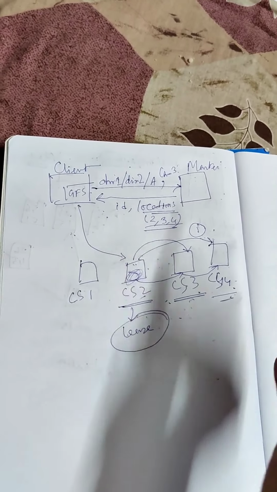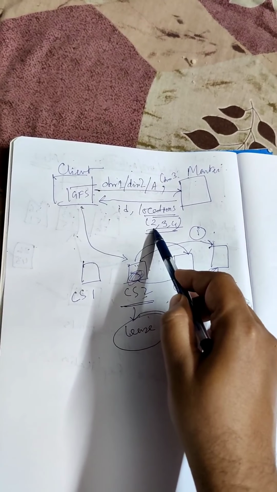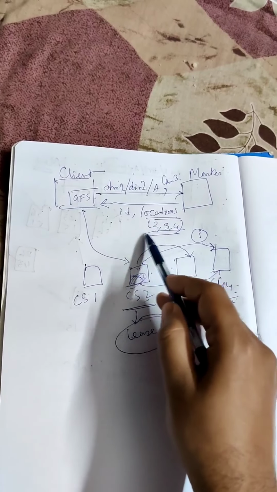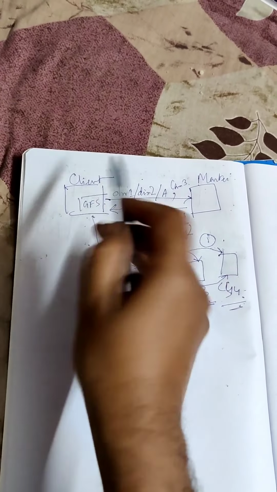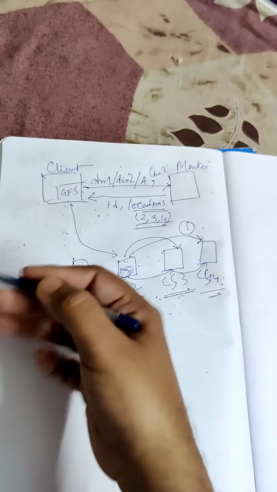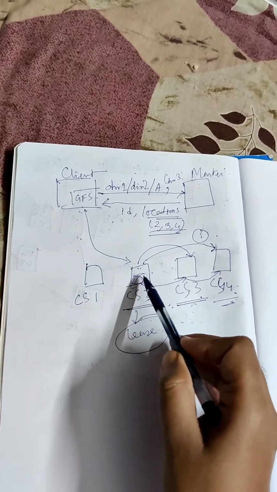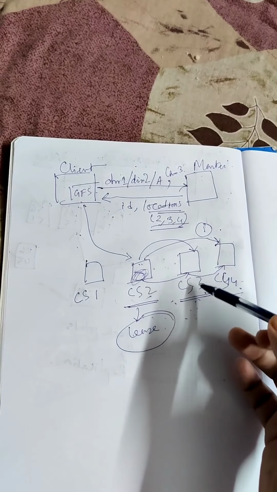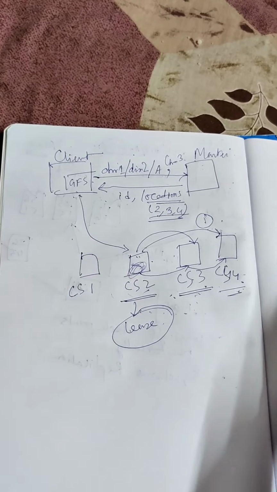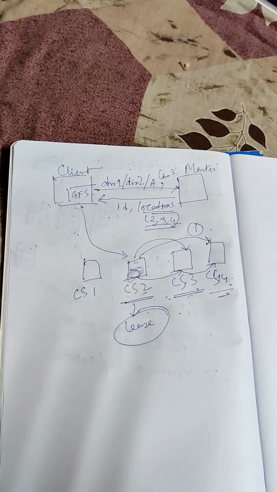Then the master will give the whole information that chunk servers 2, 3 and 4 hold it, and that chunk server 3 is on lease, so that the GFS software has this knowledge and can take an effective decision, whether to go with the already leased machine or do something else. So this is the whole architecture of Google File System.